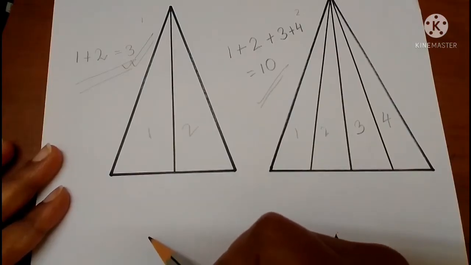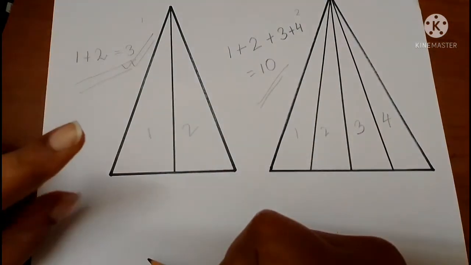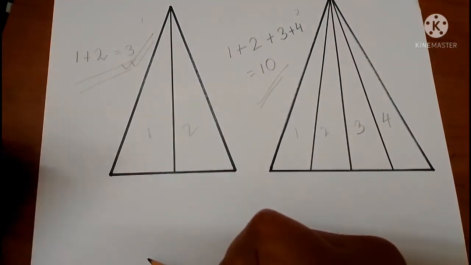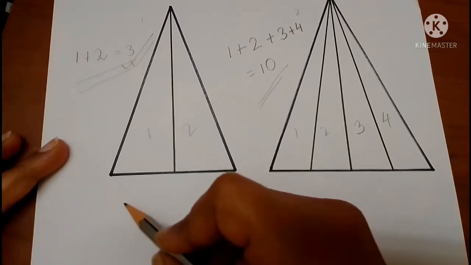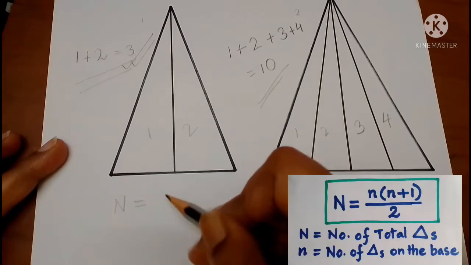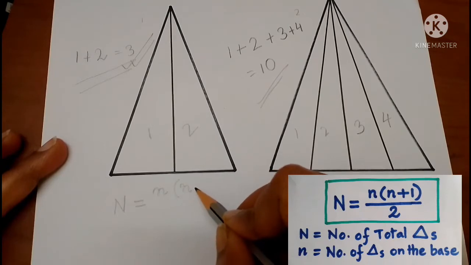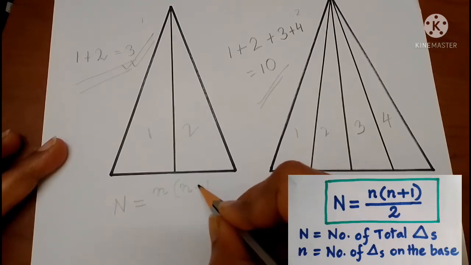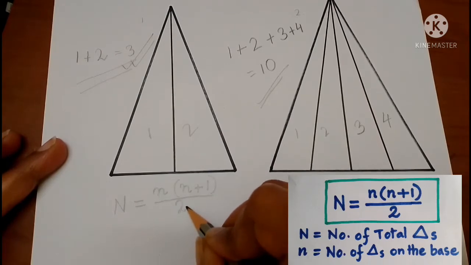So students, remember that when you have this sort of figures, you can calculate that with a particular formula. The formula is: the number of triangles, N, is equal to n into n plus 1, divided by 2.